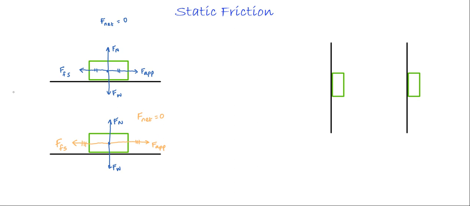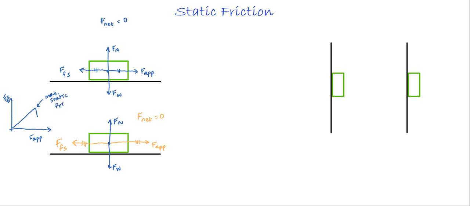So we can see that if we were going to sketch a little graph over here between the applied force and the static frictional force, we would see that as the applied force increases, the static frictional force increases, but then we reach a tipping point and we get this dropping off. And this point right here is known as the maximum static friction.